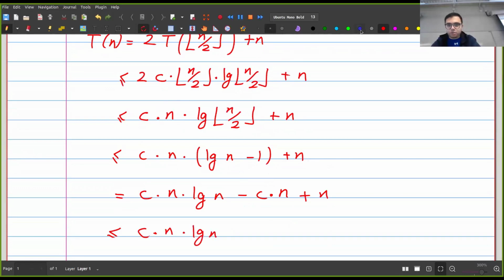So all I have to do is to choose c such that this part becomes negative, right? Just choose c equal to 2 or 5 or 10 or whatever. So you see, at this point, I choose my c. I say choose c to be, let's say, 2.